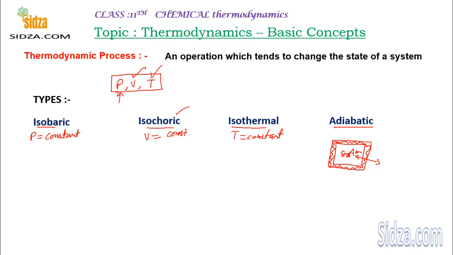No change in the heat through the walls, right? That's what we call the adiabatic wall. And in this adiabatic process, since there is no change in heat, you can see delta Q, the change in the heat, is zero there.